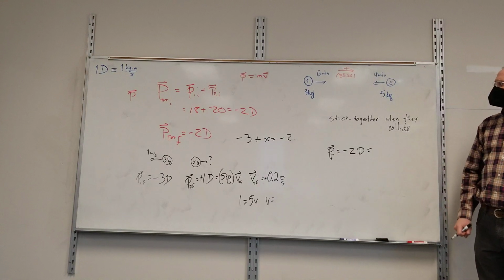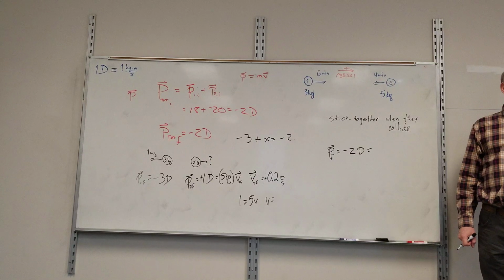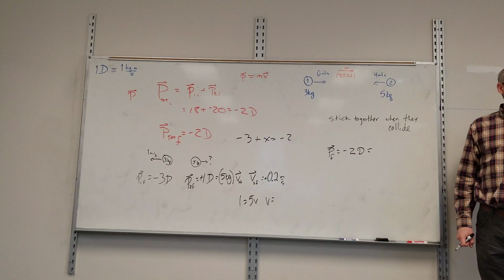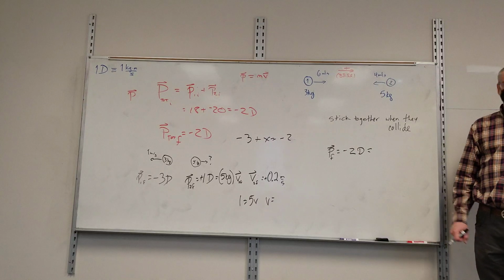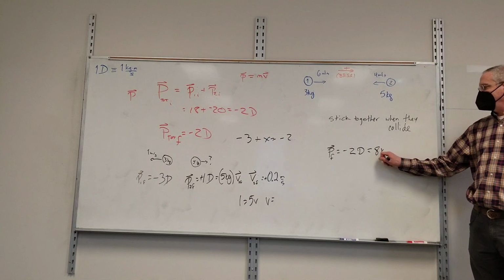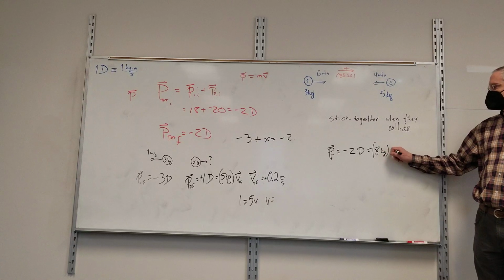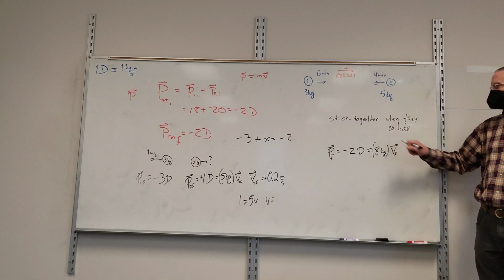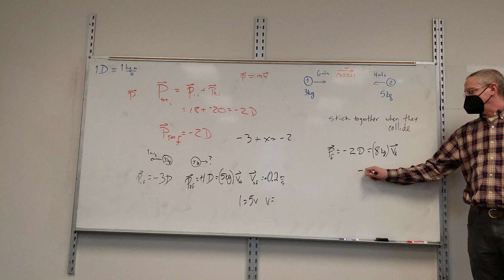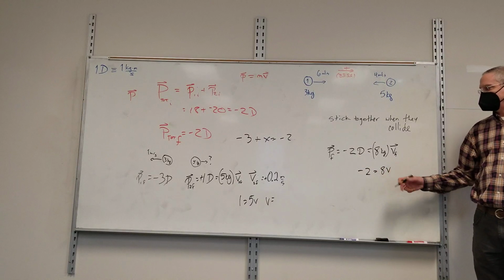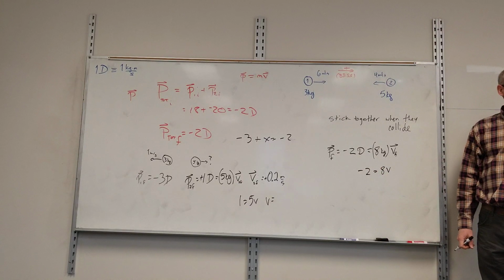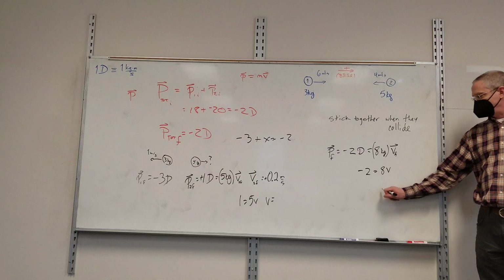So if they stick together, what's the mass now? Times whatever that final velocity is. So my math problem is -2 is equal to 8v. That's my math problem. So what does v equal?